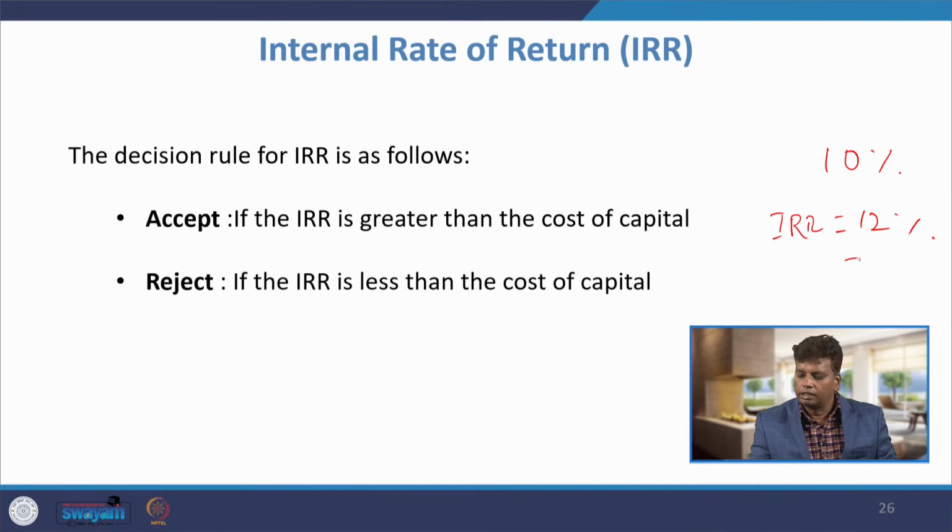If the IRR is less than 10%, for example 9%, we cannot accept the project. So, reject if the IRR is less than the cost of capital. These are the decision criteria for internal rate of return.